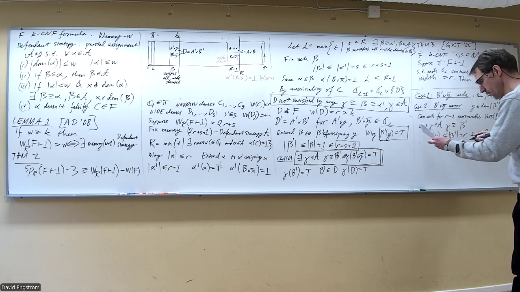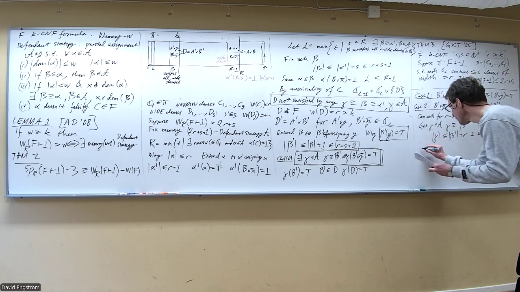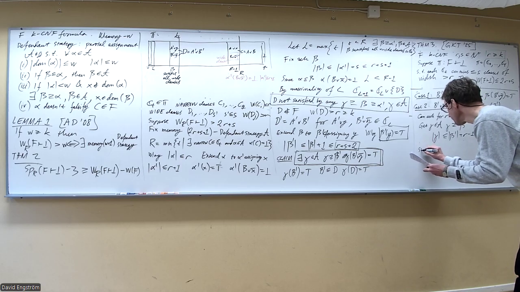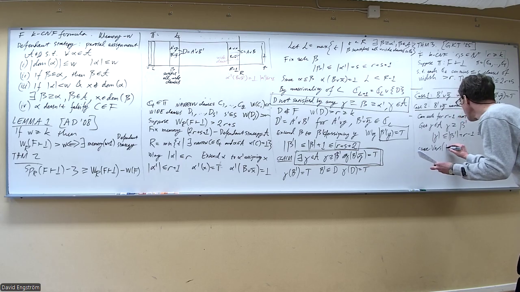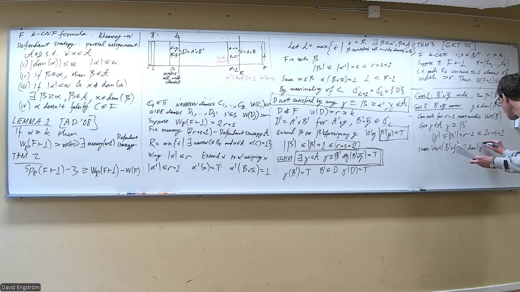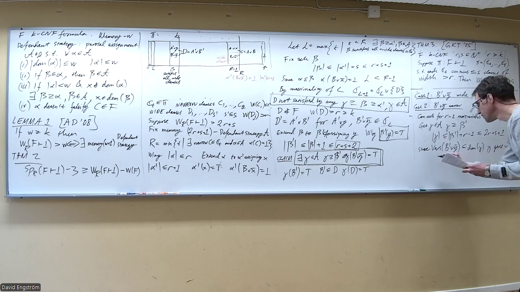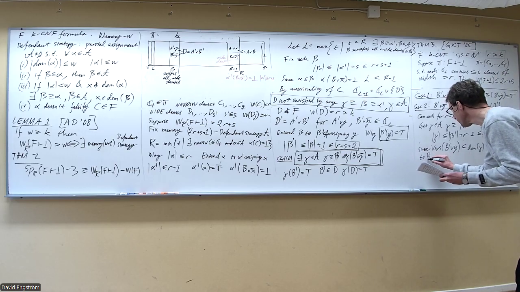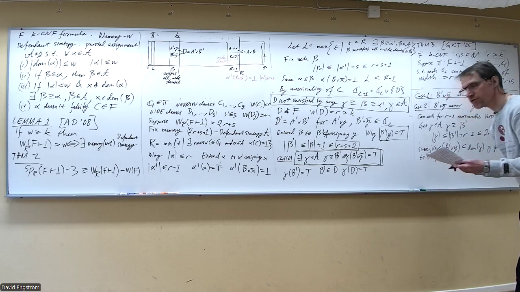Okay. So, if we look at b prime or not y, all of these variables are in the domain of gamma. Gamma, in fact, gives a truth value to this clause, b prime or not y.